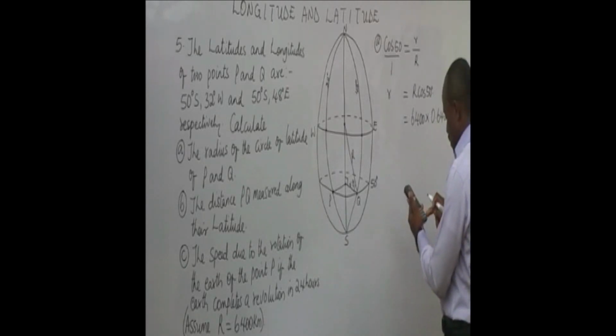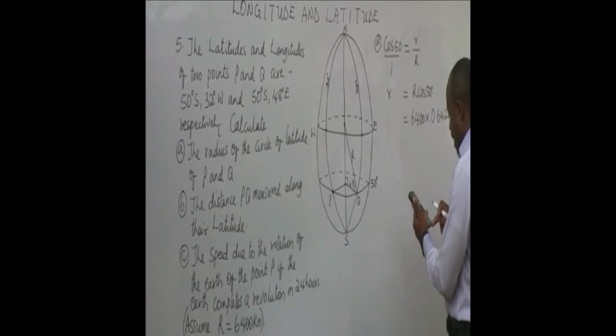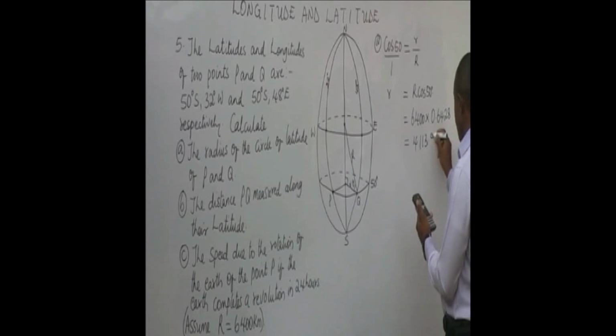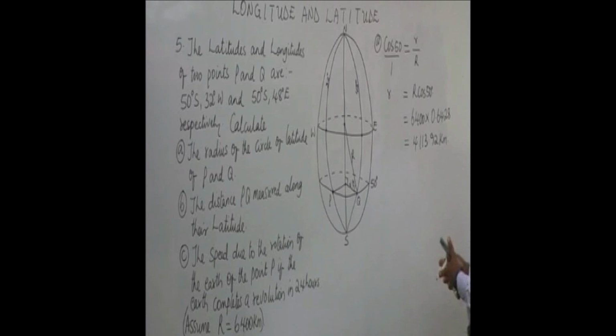If we multiply out, whatever value we have is the value of our small r. It's giving us 4,113.92 kilometers. That's the value of our r. That's our small r.